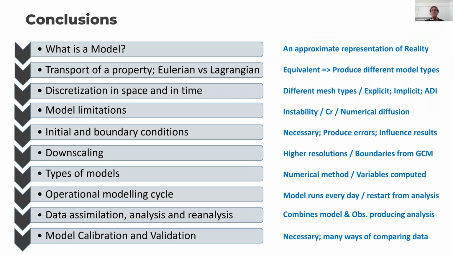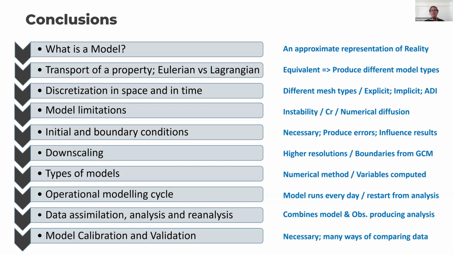Okay, so I'm just finishing with all the topics that I've been discussing with you. What is a model? We saw it's an approximate representation of reality. We saw the two formulations to transport a property, which are equivalent. They produce different model types, the Eulerian models and the Lagrangian models. We saw discretization in space and time.